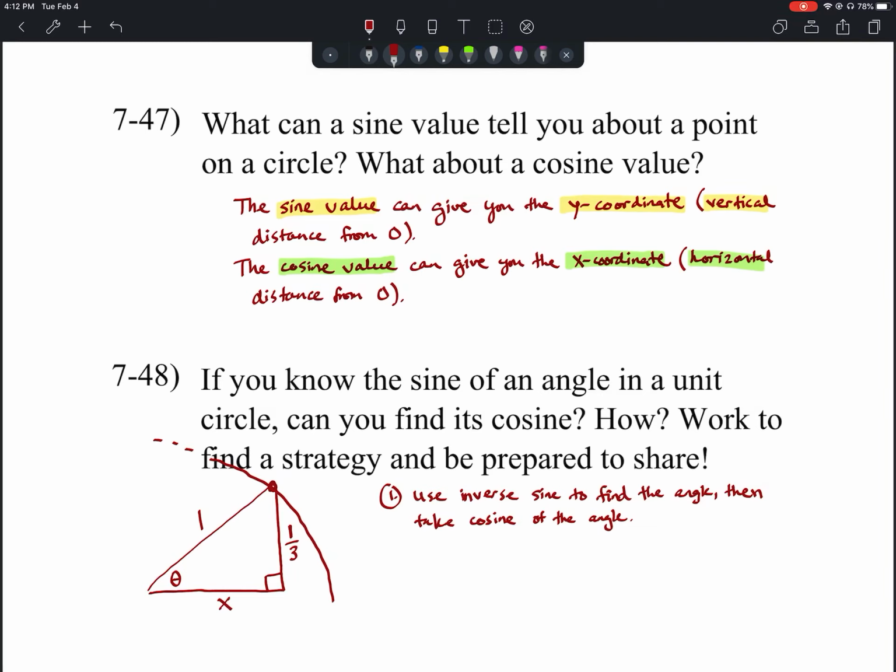Or a second method we could use is what we started talking about in that first problem, we could just use our Pythagorean theorem.